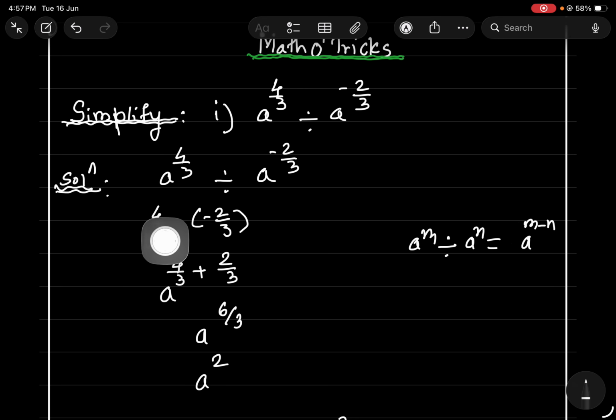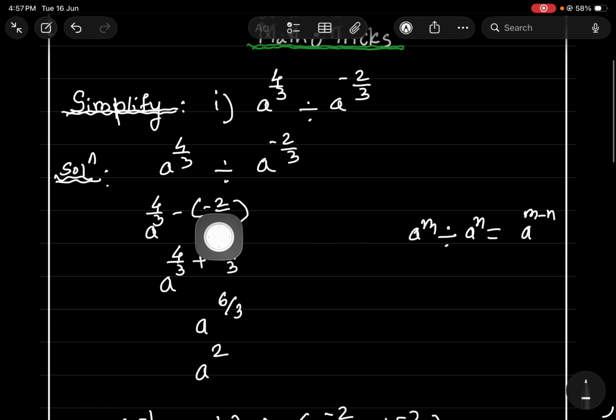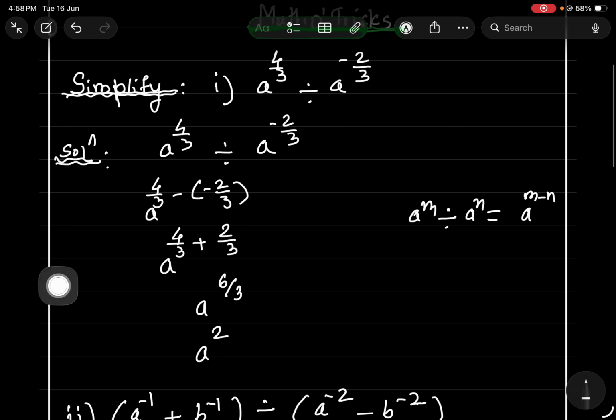So a raised to 4 by 3 minus, why bracket? Because this index is minus, so write the index minus, that is the minus, so make the bracket, and division is there, so it's minus. So 4 upon 3, outside the bracket minus sign is there, so inside the bracket that will become plus, so plus 2 upon 3. Very simple. Here denominators are already the same.